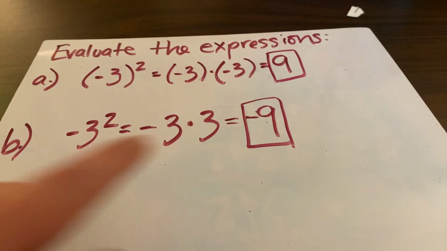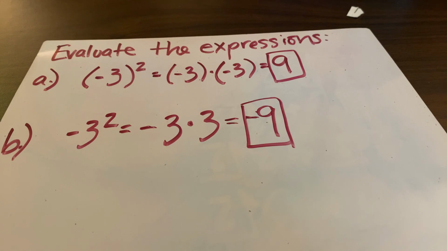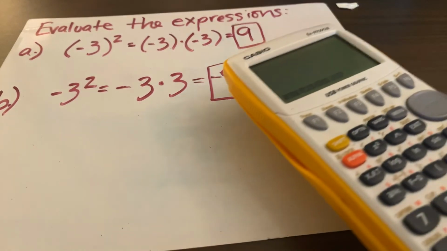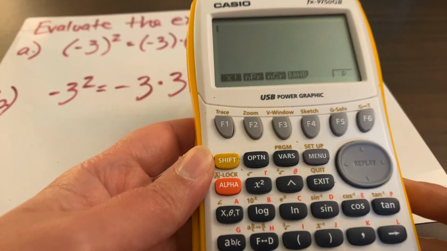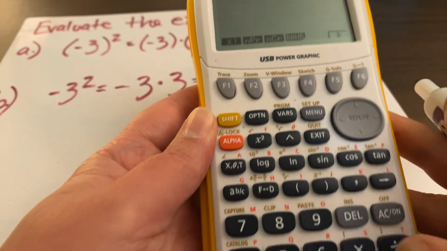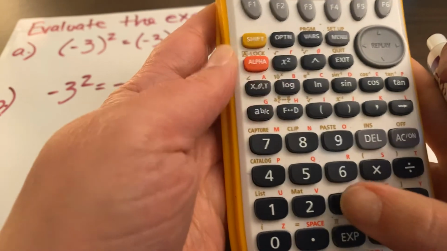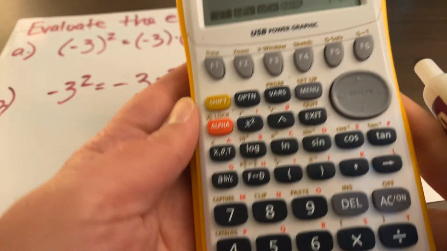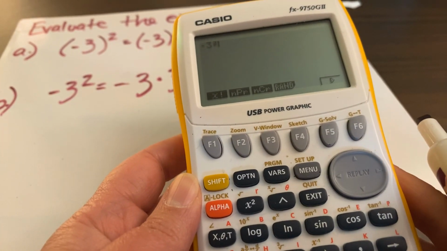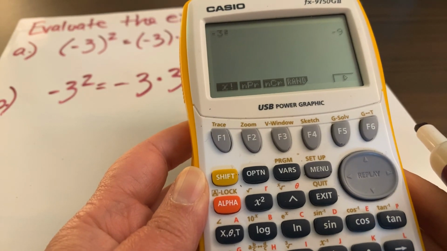And I know that you may not be believing me a little bit. So I'm pulling out the handy dandy calculator. If I type in here -3 squared, just like that, I get -9.